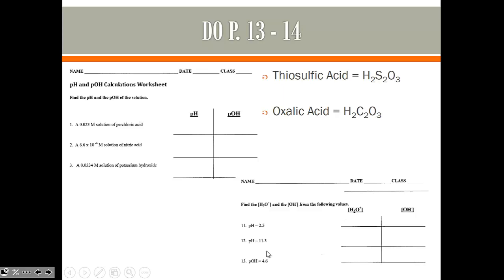You first have to figure out if it's mono or polyprotic, change its concentration accordingly when you dissociate it, and then find the pH or pOH. On page 14, I provide you the pH and I ask you for the concentration of hydrogen ions and hydroxide ions. And that is nothing new, we've already done that. With that being said, please make sure you complete page 13 and 14 in your packet.